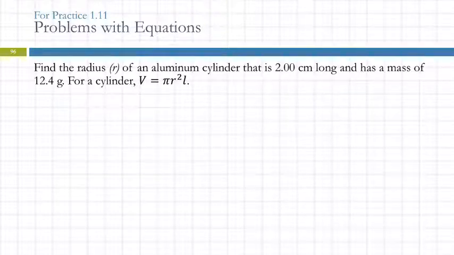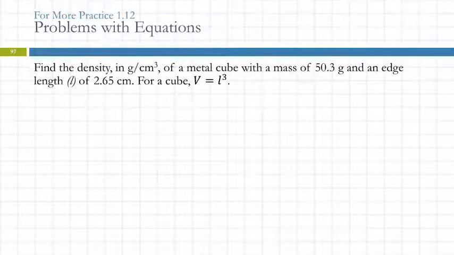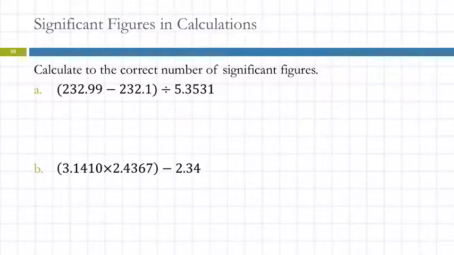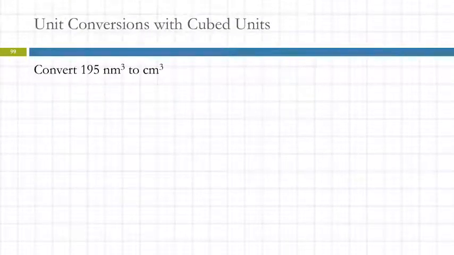Density. Density relates mass and volume. They're telling us it's aluminum. We can go to the density table and look up the density of aluminum. From the mass, we can find the volume, plug it into the equation. There's the density. Yeah. Call it a day.